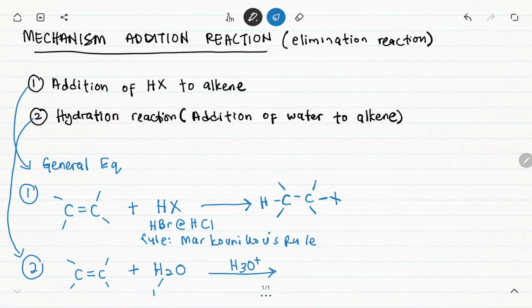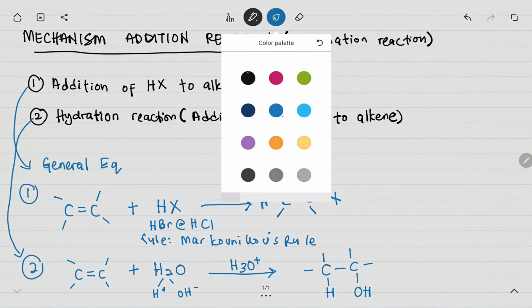So our reagent consists of H plus and OH minus. Therefore, we add the hydrogen atom into the carbon of the double bond that contains the highest number of hydrogen atoms, based on Markovnikov's rule.